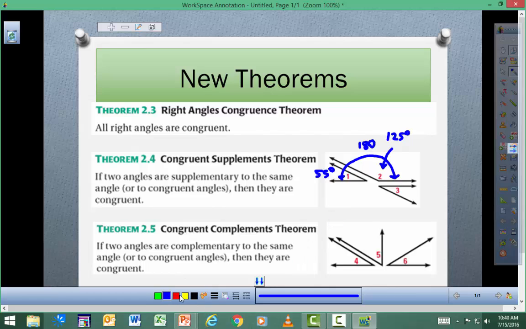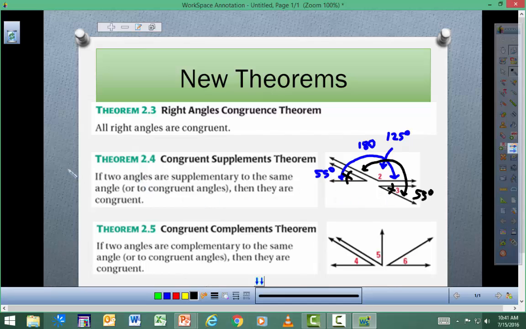Well, guess what? If we look at these angles over here, they're supplementary also. We already know that angle 2 is 125 degrees, and so that means this one must be 55 degrees also. So it turns out in this case that this angle must be congruent to this angle over here.